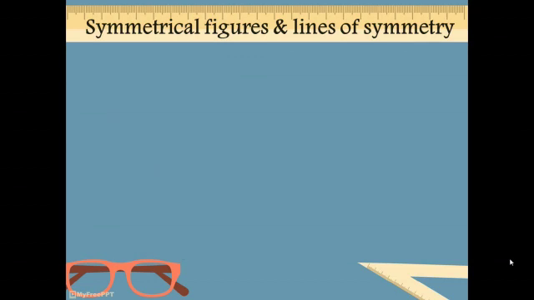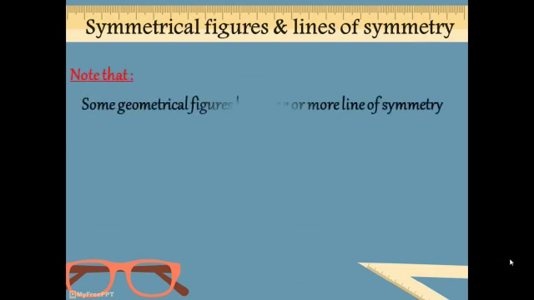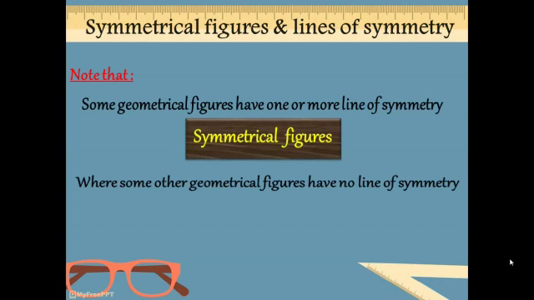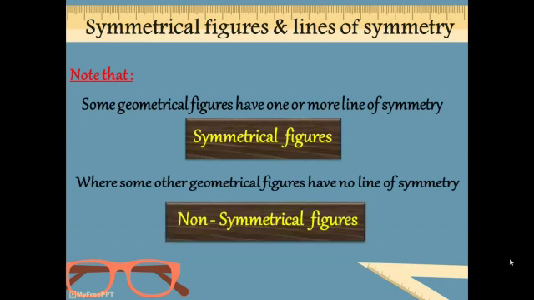Now, notice that some geometrical figures have one or more lines of symmetry. In this case, we call this figure a symmetrical figure, while some figures have no line of symmetry, and in this case, we call this figure a non-symmetrical figure.